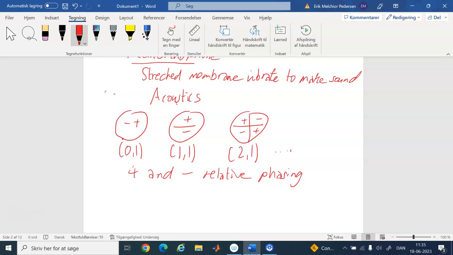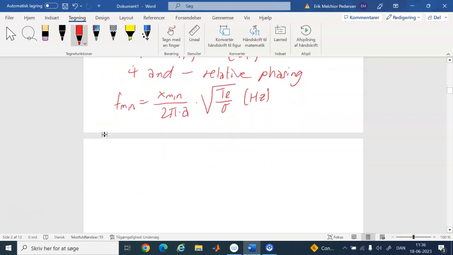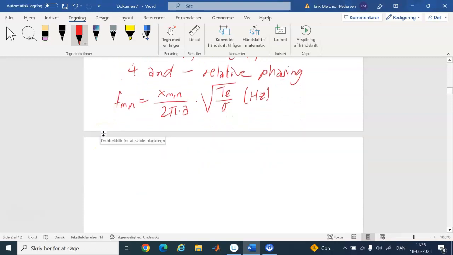We have here the frequencies. It should be like this: 2p times A times the square root of the tension in Newton divided by the density, and we get it in Hertz. I have no experience with vibraphones and so on.